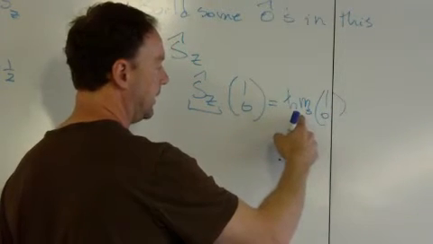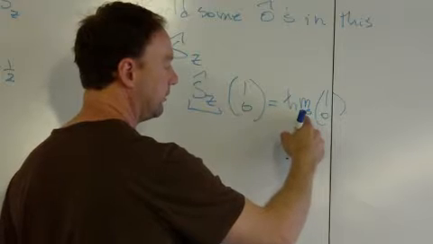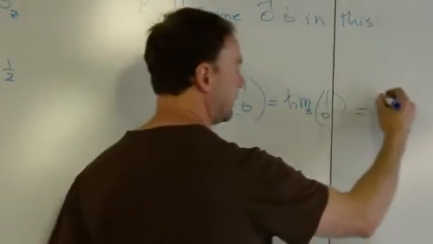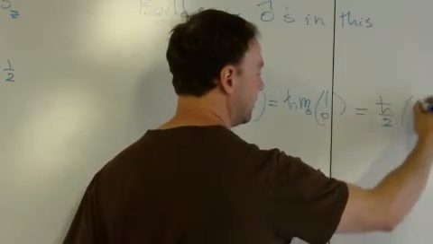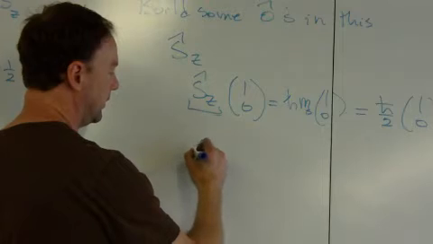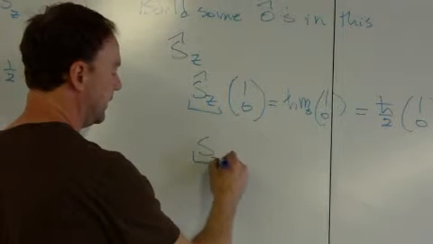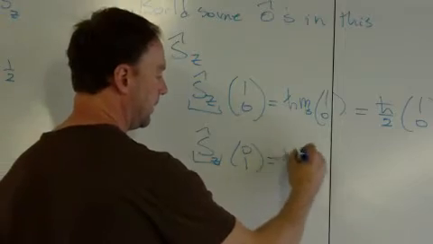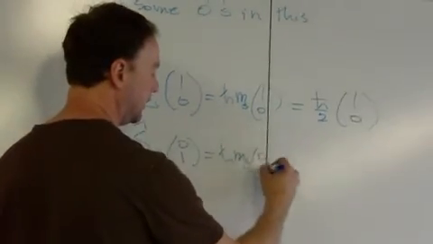And what is the projection of angular momentum for an up? It's a half, so that equals ħ/2 (1, 0). And I can build this by going Sz on (0, 1) equals ħ m_s (0, 1).